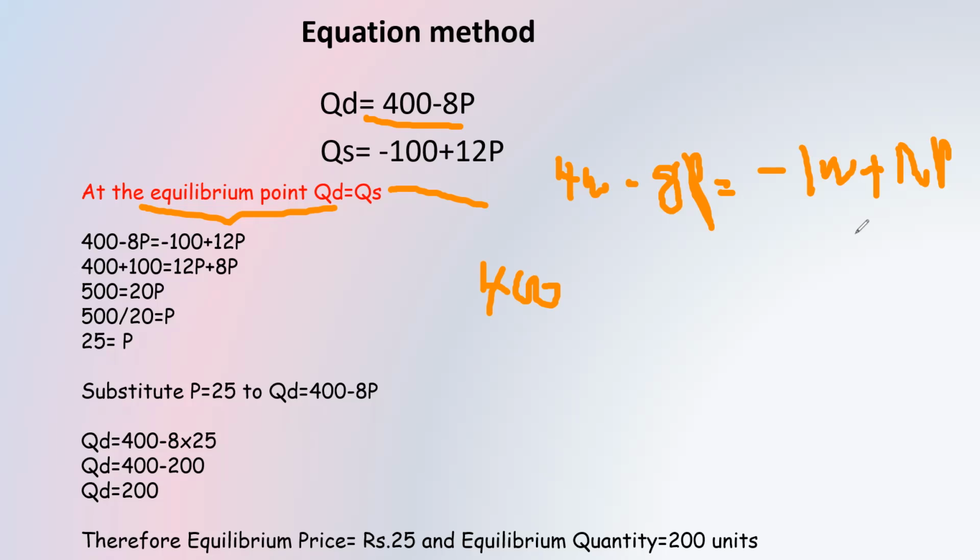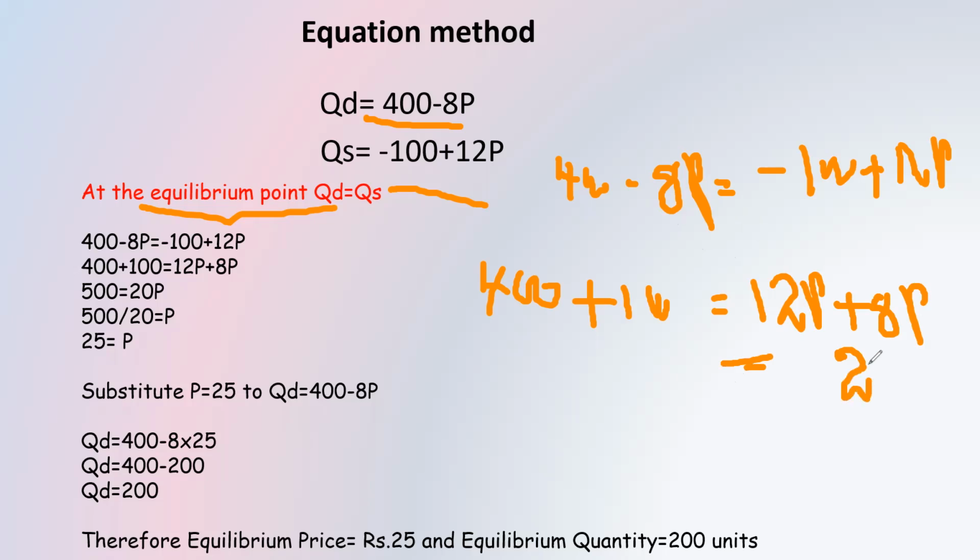If there is a positive on this side, when we bring it to the other side it becomes negative 100. When there is minus 100 on the right-hand side, bringing it to the left-hand side it becomes plus 100. Then when we consider the variables, 12P, and minus 8P, when it goes to this side it becomes plus 8P. So the value is 20P, 20P is equal to 500.